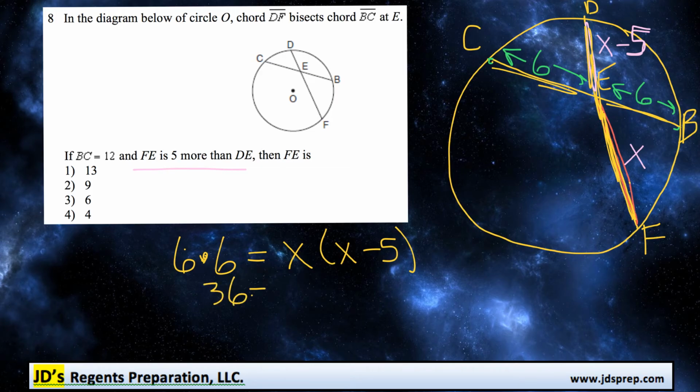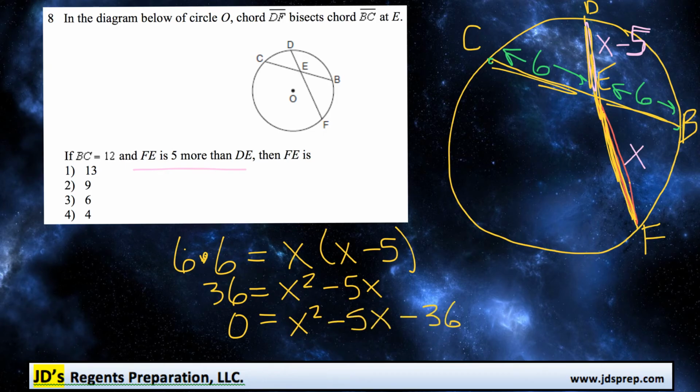So here we've got 36 equals x squared minus 5x. We'll move everything over to the same side. We'll get x squared minus 5x minus 36. And at this point, we just have to factor this.